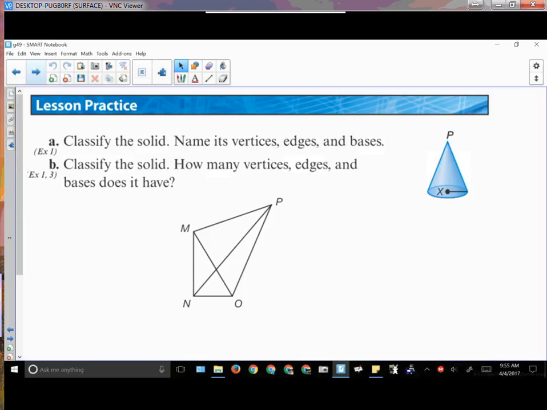So, Logan, what's its vertice? Okay. Does this thing have an edge, Gavin? Well, it wouldn't be X because that would just be the center of the circle that's on the base. Okay. But would the circle itself identify where the edge is?